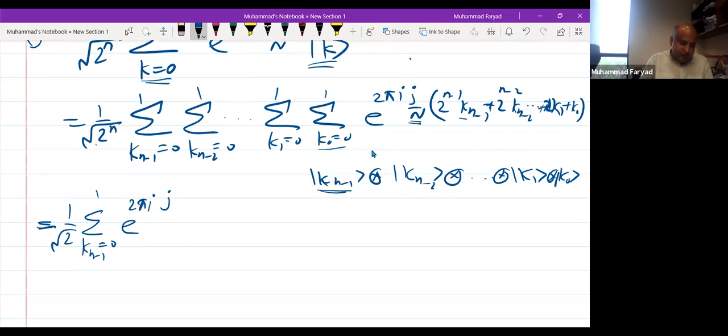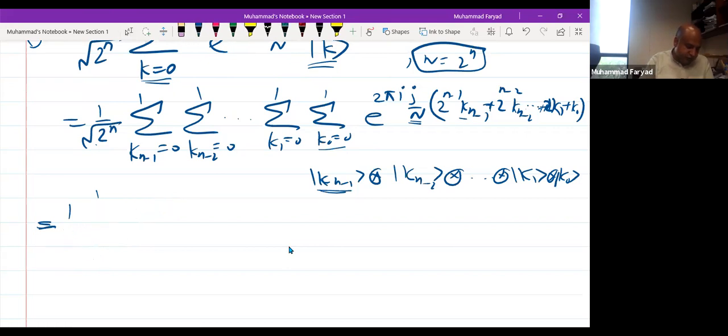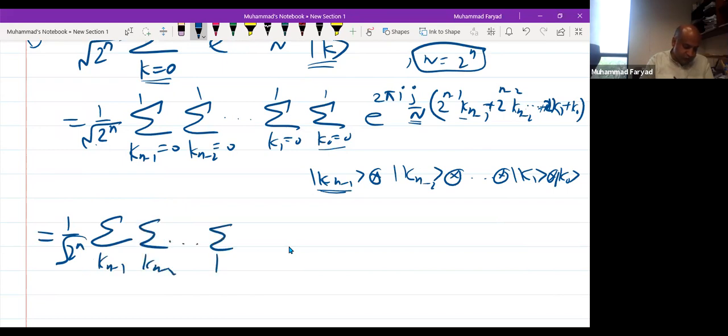So this capital N is 2 power n, which means that actually let me make it a little bit simpler before I start this bifurcation into individual terms. So let's just keep this sum right now: Kn minus 1, sum over Kn minus 2, sum over K1, sum over K0.